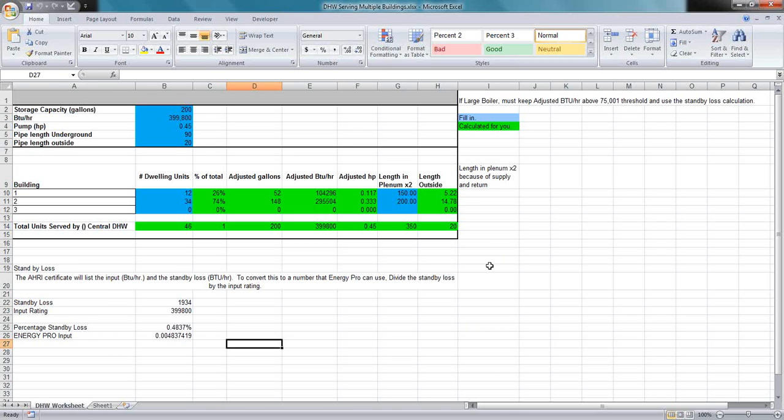The standby loss is sometimes presented as a percentage. This is a percentage of the total input rating of the system. The standby loss that EnergyPro uses, and that we're using for the program, is technically a unitless number, so you can think of it as a percentage.